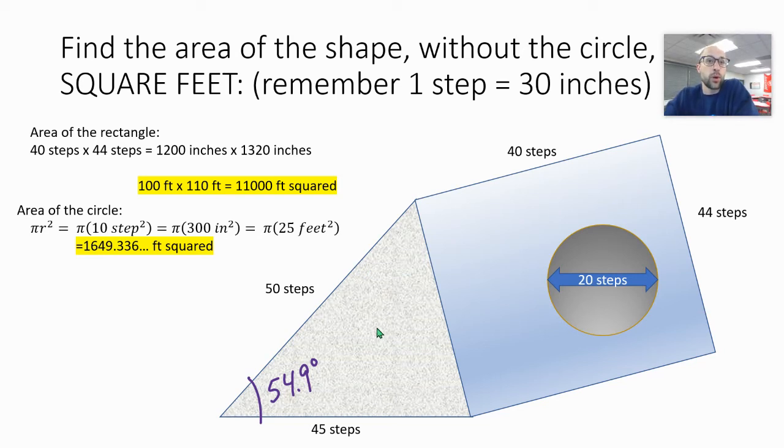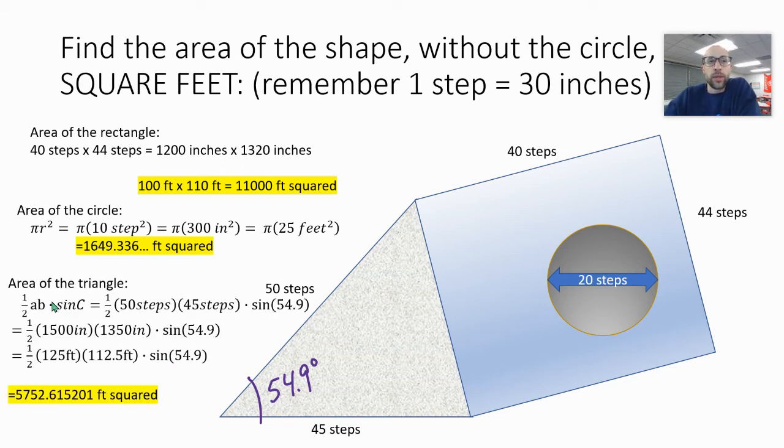And then the area of the triangle, we just worked on that, right? So from part 1 in the warm-up, you have two sides and the included angle. So you can use the formula we just used. Again, you could do that in various ways, whether you use it in the steps, the inches, or feet. I would suggest going straight to feet, plug them in, and then your answer is already in feet squared.